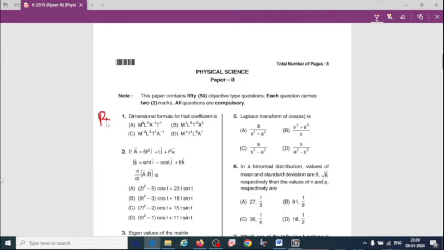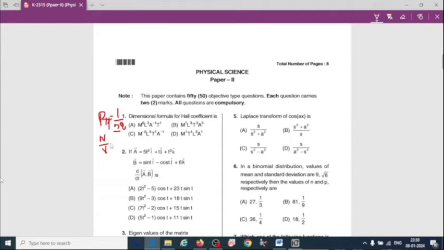R_H is equal to what? 1 divided by N into Q. So N is what? Ratio of number of particles to the volume.